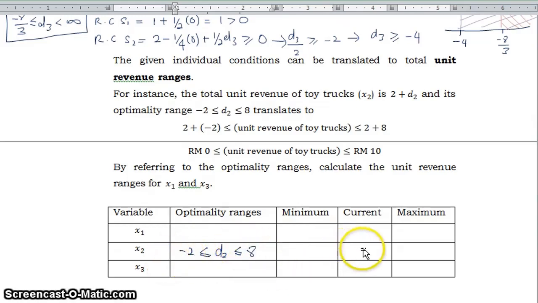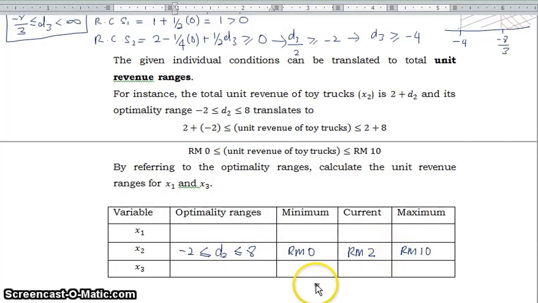And we know the current revenue of X2 is 2 ringgit. So, the minimum price of revenue for toy truck is 2 minus 2 is 0 ringgit, and the maximum price for X2 is 2 plus 8, 10 ringgit.